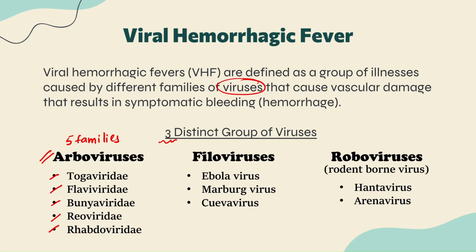The second group, filoviruses, includes the Ebola virus, Marburg virus, and the recent discovery, Cuba virus. And last, roboviruses, meaning rodent-borne viruses, include hantavirus and arena viruses, guys. I hope the definition is clear and the three distinct groups of viruses involved are also clear.